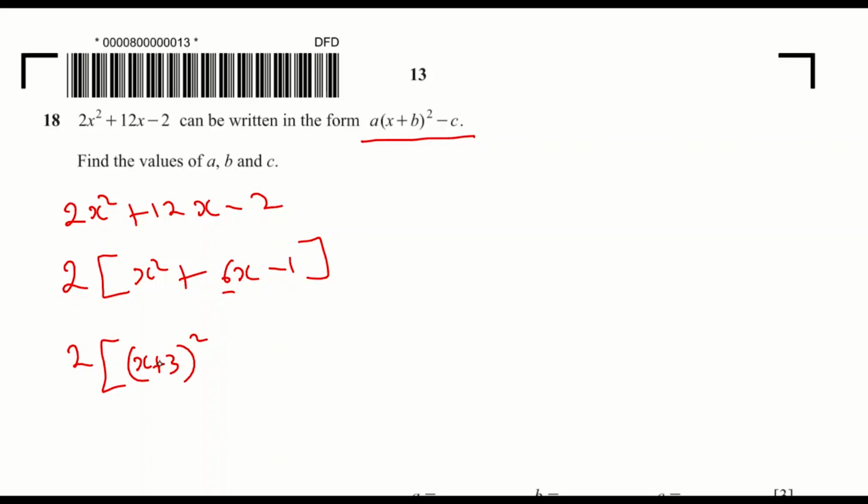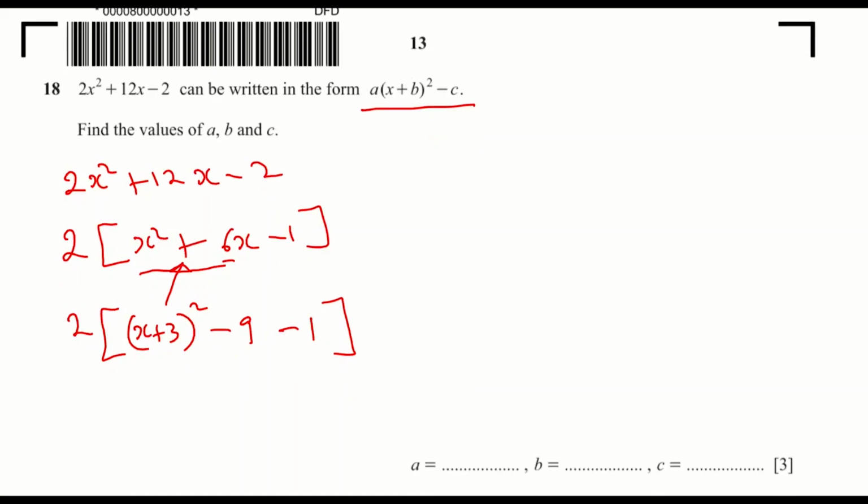If you square this, it's going to give us x squared plus 6x plus 9. We don't have plus 9 here, so we need to subtract 9 so that it will be equal to this directly. Then we can now have minus 1. So let's put it in bracket like this.